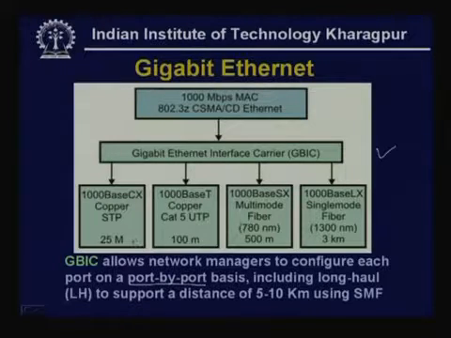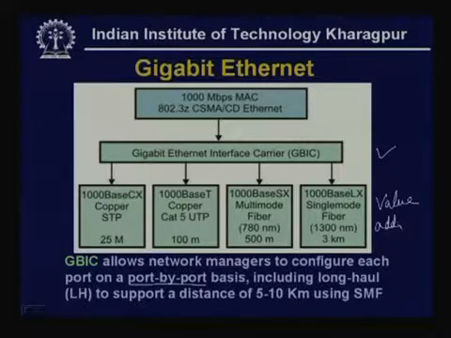That means you can use 1000BASE-CX on one port, 1000BASE-T on another port, 1000BASE-SX on another port, 1000BASE-LX on another port. So, it supports different types of links using different types of optical fiber and laser. As you can see, 1000BASE-SX uses 780 nanometer laser and 1000BASE-LX uses 1300 nanometer laser. In addition to that, there is some value addition.